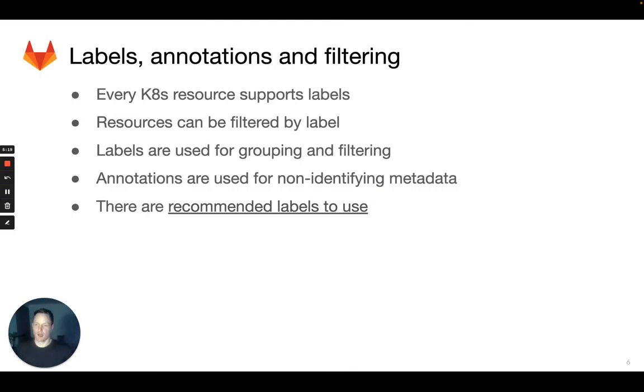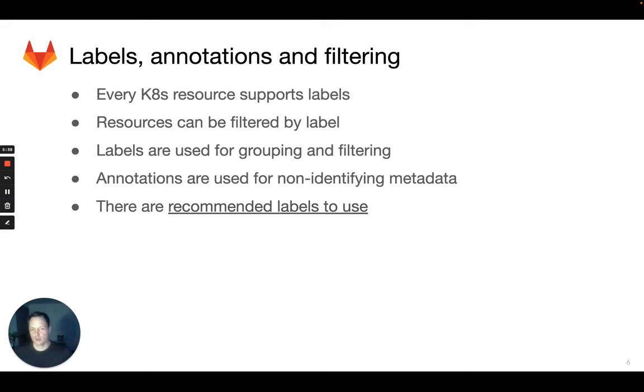Besides the desired state, I would like to speak a little bit about labels and annotations. The YAML files can contain all kinds of metadata about the resources, and these are typically in the form of labels and annotations. It's very important to understand that labels are at the core of filtering of resources.